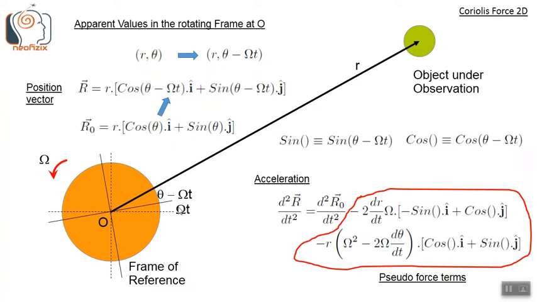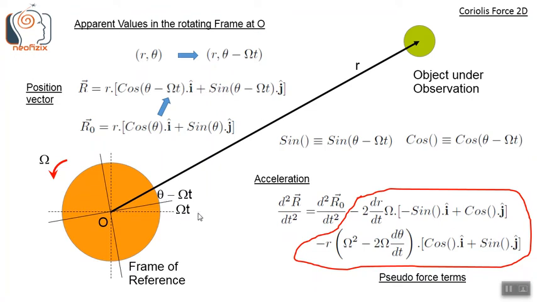So we have to negate this factor omega t from the original angle theta measured in the non-rotating frame. So theta was measured in the non-rotating frame with respect to these dashed lines, but since the frame itself is rotating, we have to negate this omega t factor, which is the amount of rotation that the frame has rotated by.